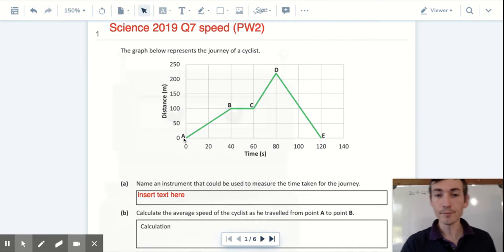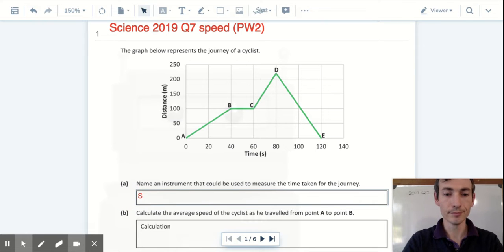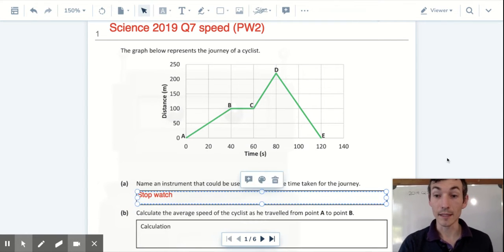So how could they have taken the time for that journey? What instrument? That instrument could be a stopwatch. That's an instrument for taking time.